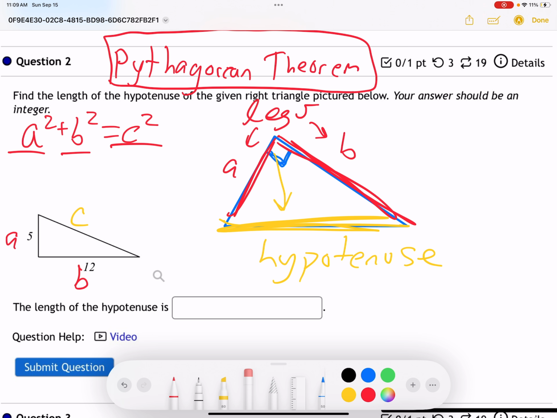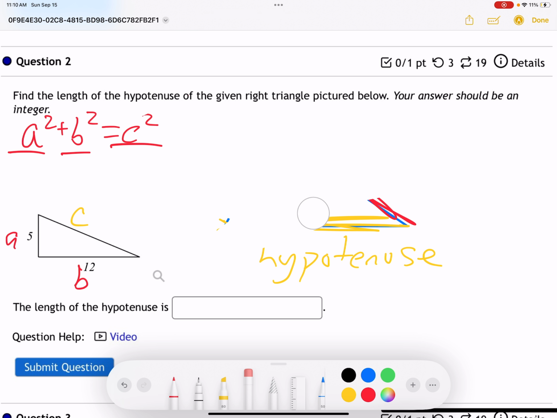Okay, so let's actually do this. The Pythagorean theorem says a squared plus b squared equals c squared, so let's plug that in.